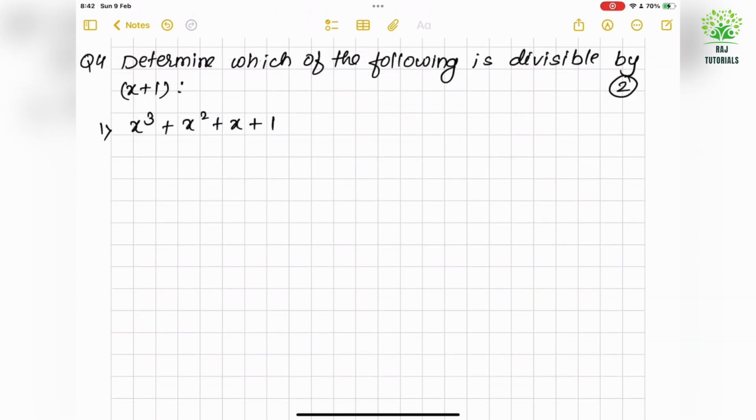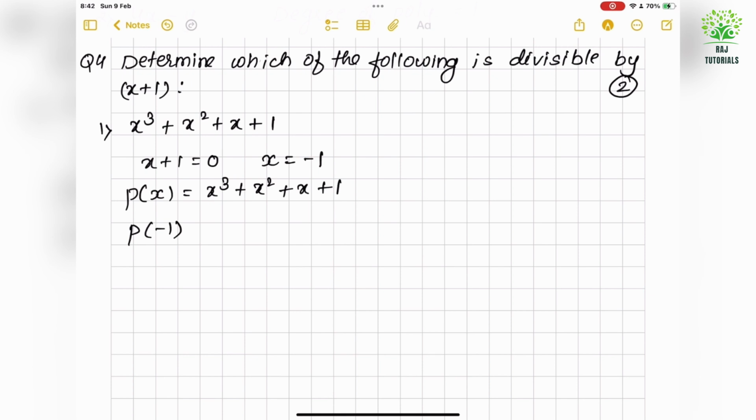Now the next question says determine which of the following is divisible by x plus 1. First one is x cube plus x square plus x plus 1. Here I want to check with x plus 1. So x plus 1 equal to 0, so x equal to minus 1. Therefore I have to just put in p of x, that is x cube plus x square plus x plus 1, in place of x minus 1.